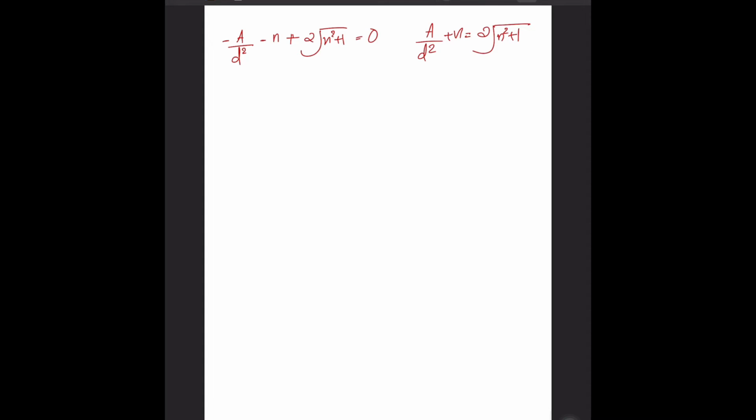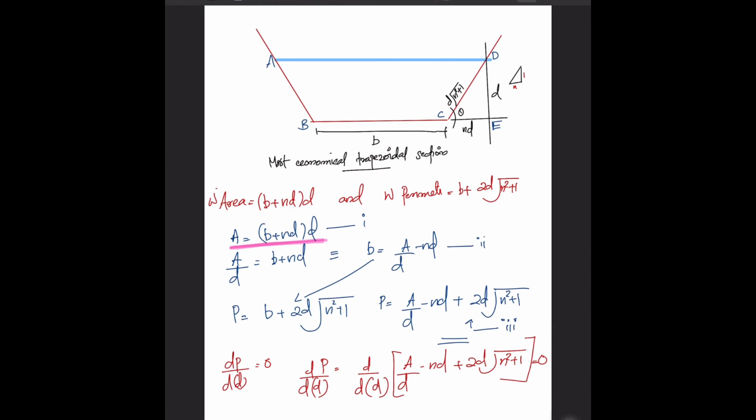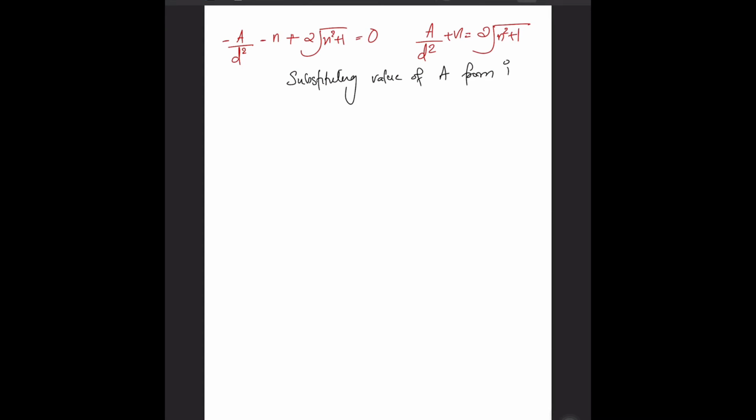Substituting the value of A from the first equation, we can write (b plus nd) times d by d square plus n is equal to 2 root of n square plus 1.